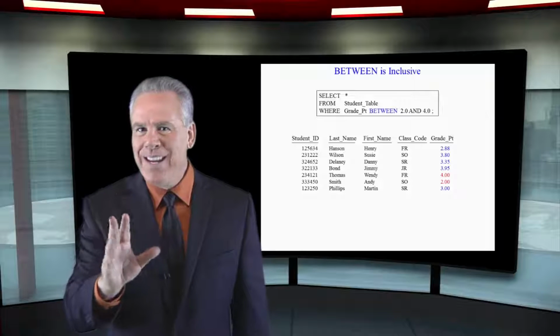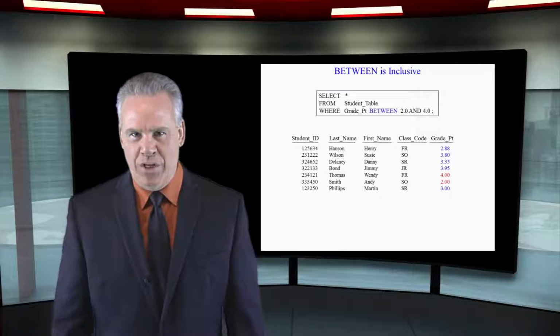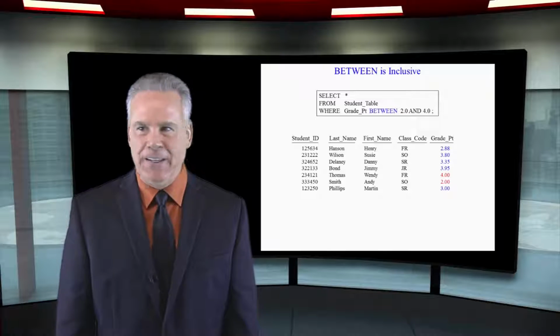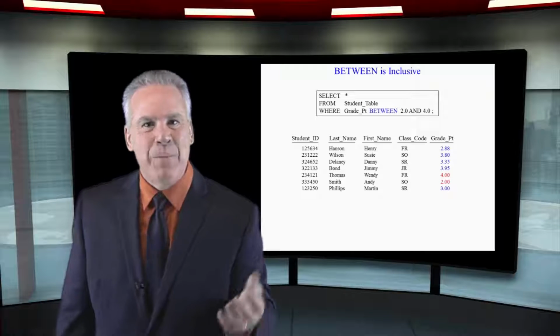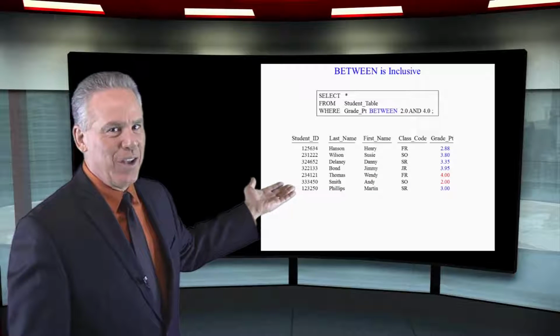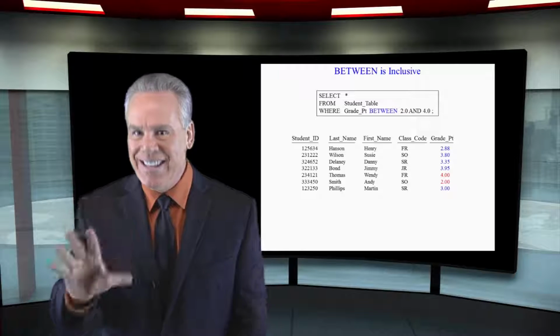So the word between is a little misleading. If I was on a game show and they go, for $1 million, give me a number between 8 and 10, and I'd go, 8, it's inclusive, right? Okay, well, you might have missed that. But in your SQL, the BETWEEN statement is inclusive. So if you said between 8 and 10, 8, 9, and 10 would come back.